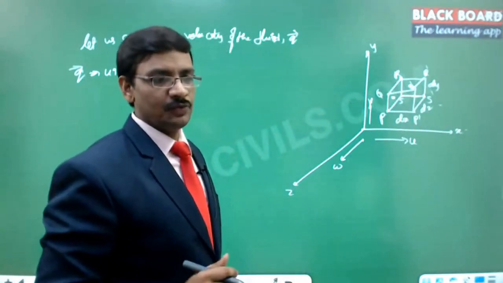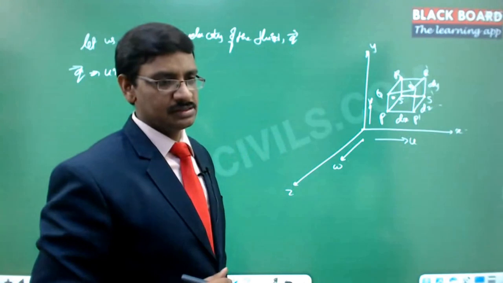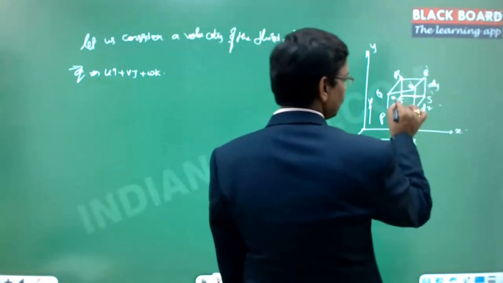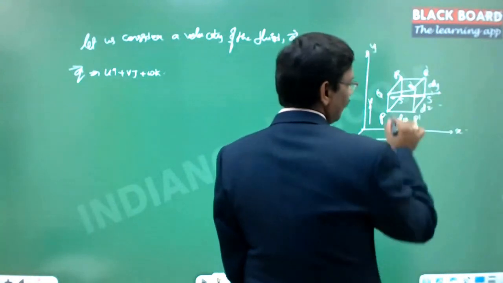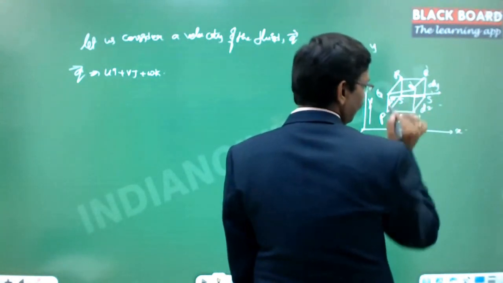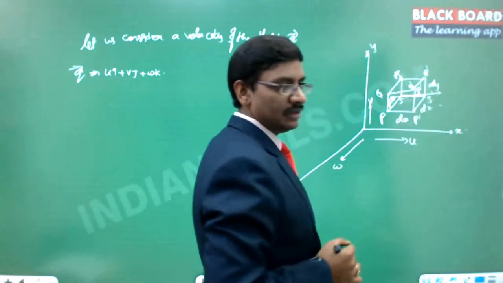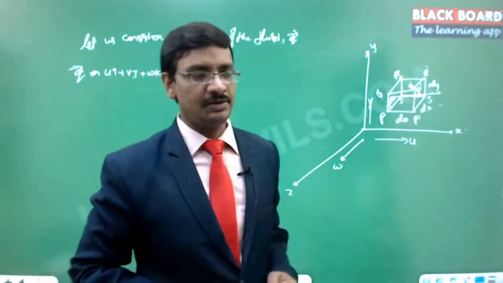But let us consider the fluid direction only in the direction of x, and that value actually you can extend for all the directions. Now actually if the fluid is coming in this direction, then at this particular point p it entered and it exited at p dash, right? So it entered and exited.